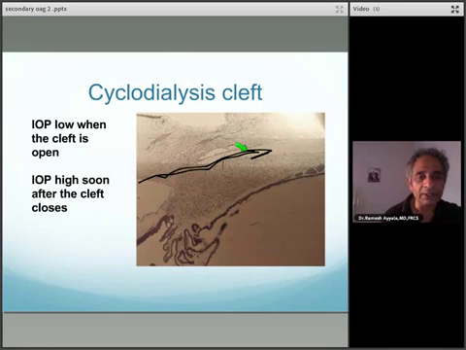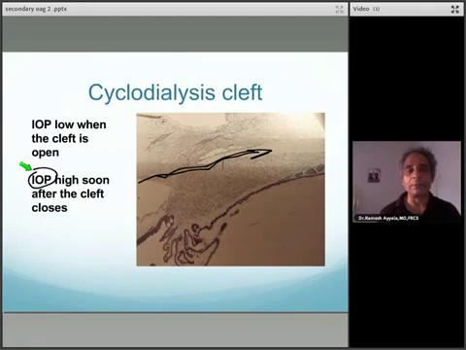But if and when the cleft is closed, either spontaneously or surgically, these patients can develop high IOP because of the memory, or the lack of memory, of the trabecular meshwork that's exhibited in the immediate aftermath of the cleft closure. A strange phenomenon, but it is well described, and you should be aware of it.